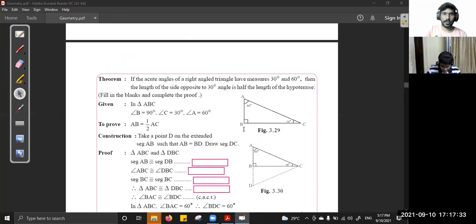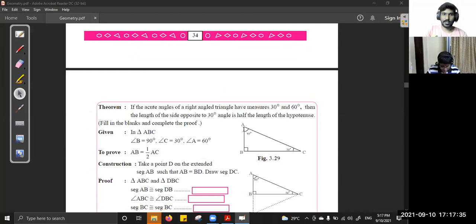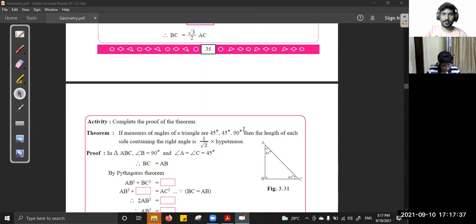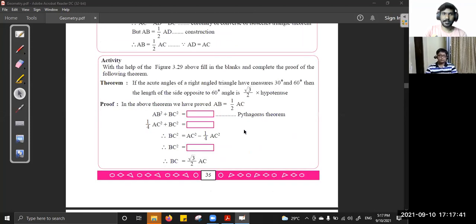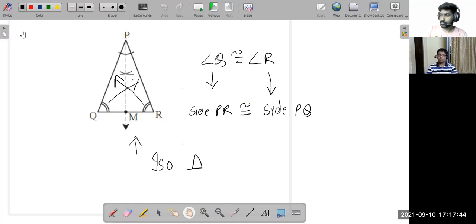There are two main properties in this, and they are called the 30, 60, 90 degree theorem and the 45, 45, 90 degree theorem. So let's do the first one.